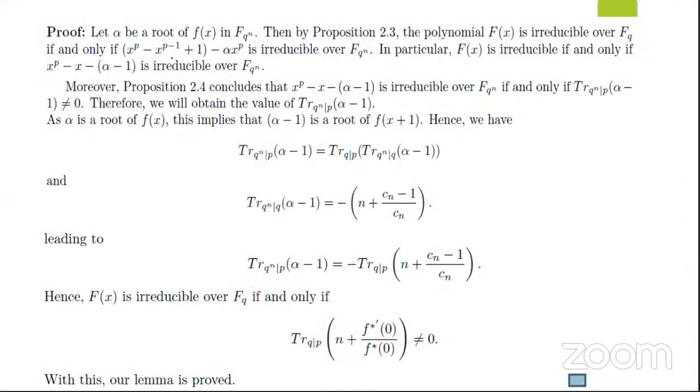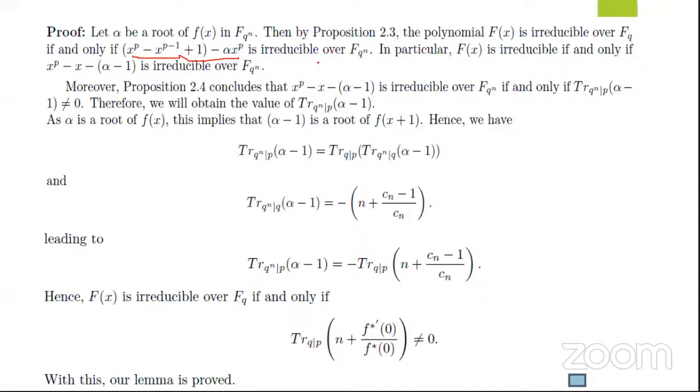Here is the proof of this theorem. We take an element alpha, which is a root of f of x. Then using the proposition, this polynomial f of x will be irreducible if and only if the function in the numerator minus alpha of the function in the denominator is irreducible over F q n.